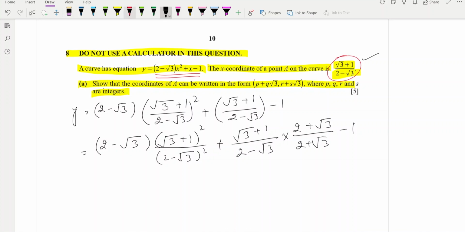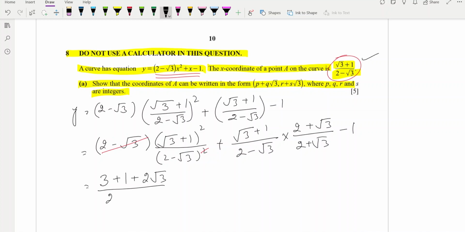Now we can cancel this one with this square, and for the new equation, we can open this square. So √3 squared will be 3, plus 1 squared will be 1, plus 2√3, this will be when we open the square.